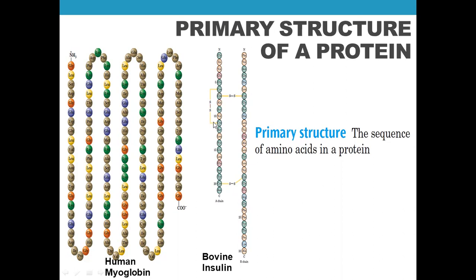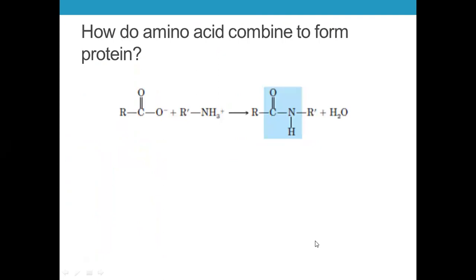Or when they are in close proximity with a different polypeptide structure, it's also possible for cysteine to form a disulfide. Anyway, this is what we call the primary structure of the protein, where it shows the primary sequence of the amino acid residues.